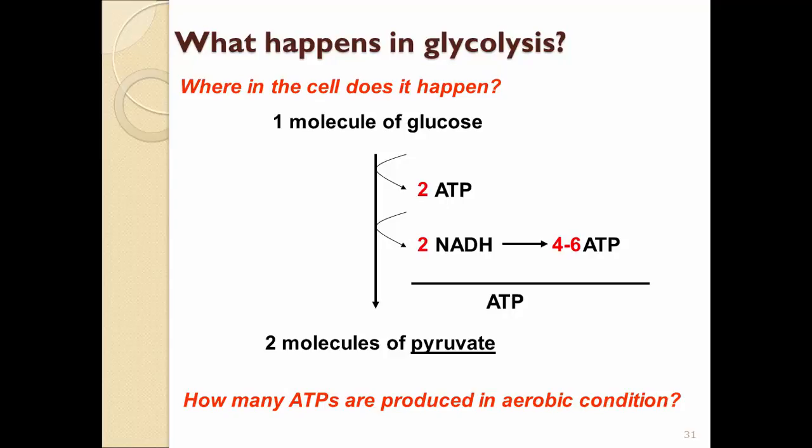Remember I just mentioned that the NADH made in the cytosol can generate either 2 or 3 ATPs, depending on the shuttle system, on how NADH is transported into the mitochondria.